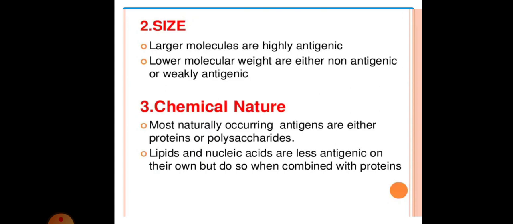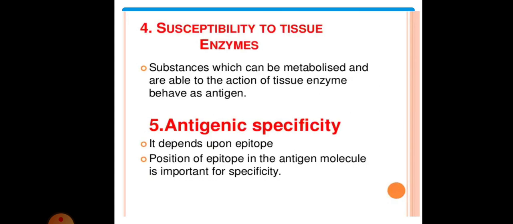If the substance is a lipid or nucleic acid, we generally don't call it an antigen, because lipids and nucleic acids are less antigenic. But when lipids and nucleic acids are linked to proteins, then that substance will act as an antigen, and we call it an exogenous antigen or endogenous antigen.